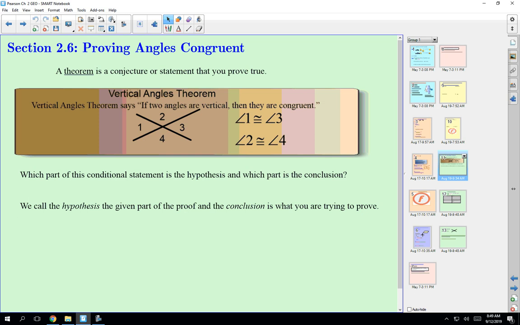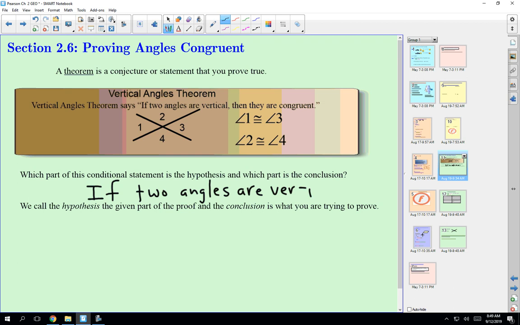Which part of this conditional statement is the hypothesis? You guys tell me. Yep, if 2 angles are vertical, that's the hypothesis.